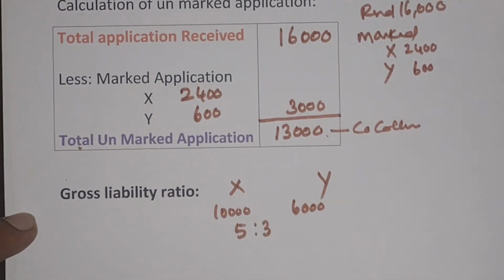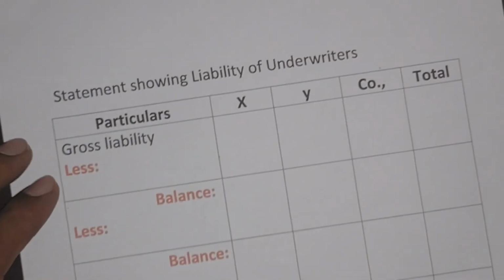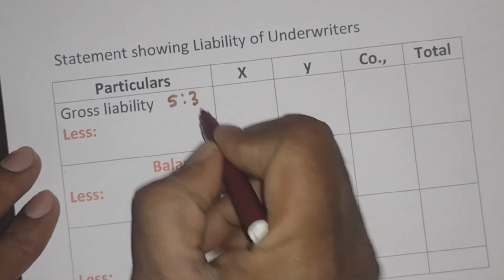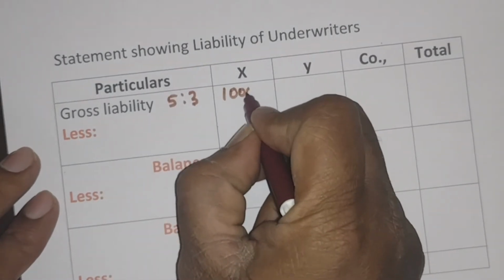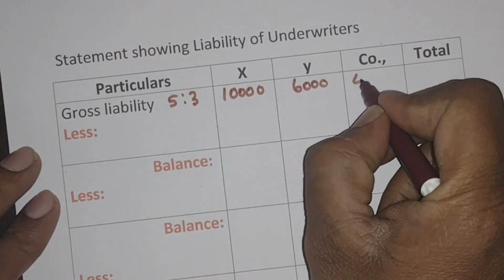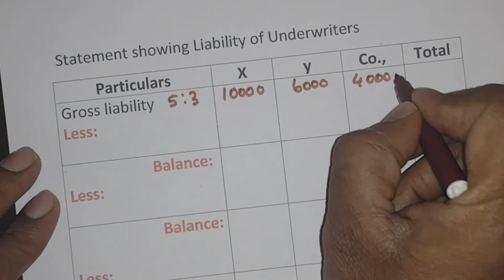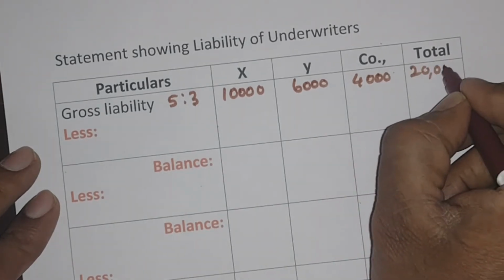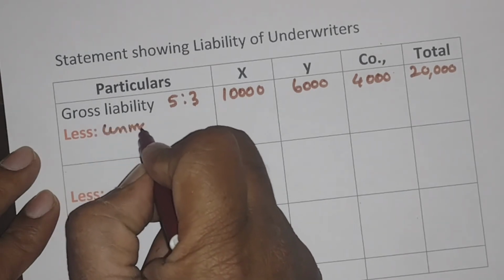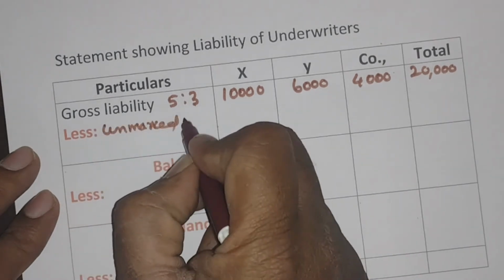Now let us enter into the problem. The gross liability ratio we have calculated already is 5:3. 10,000 shares, 6,000 shares, 4,000 shares, total 20,000 shares, less unmarked application.